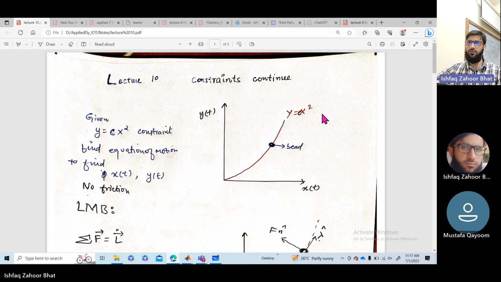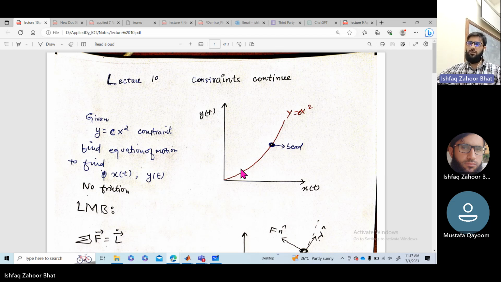A bead slides down this track. There is no friction. This is a constraint problem, because if this constraint was not there, the bead would have fallen directly down, because there is gravity in this direction.